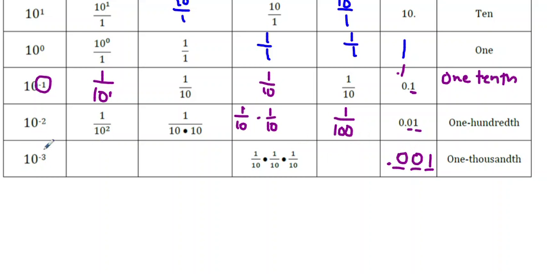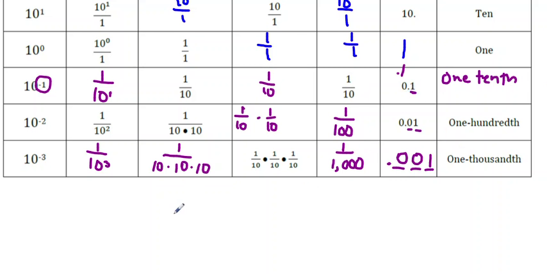If I start over here again, to make it positive, I do 1 over 10 cubed, which is the same thing as 1 over 10 times 10 times 10, which is the same as 1/10 times 1/10 times 1/10. If we multiply this out, we have 1 times 1 times 1 in the numerator, and that's 1. 10 times 10 times 10 in the denominator is 1,000. And again, we say this 1,000th. Remember, TH on the end for decimals.